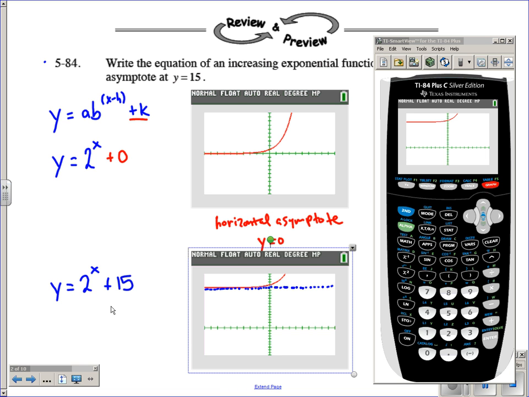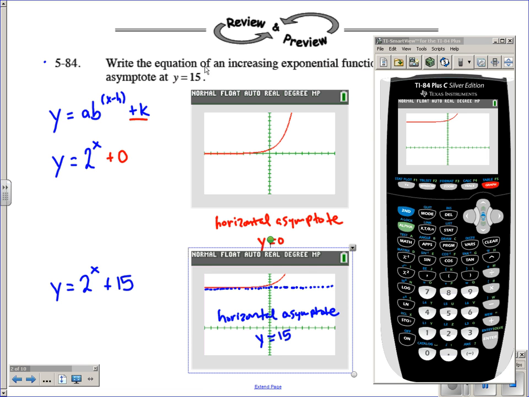So this is where we have a horizontal asymptote at y equals 15, because it's 15 up. All these points have y values that are 15.